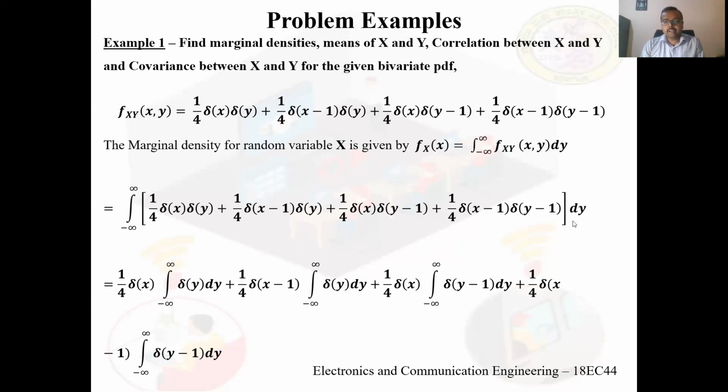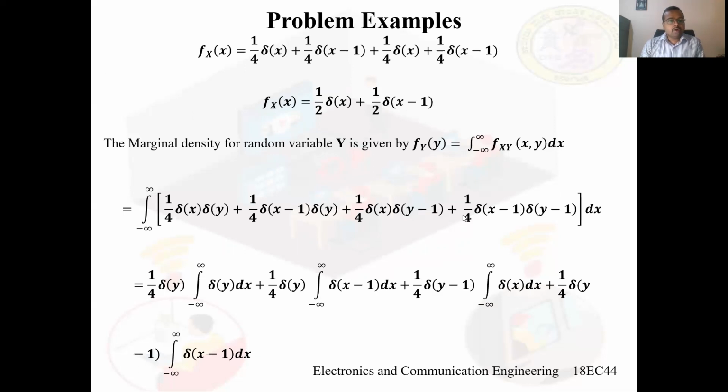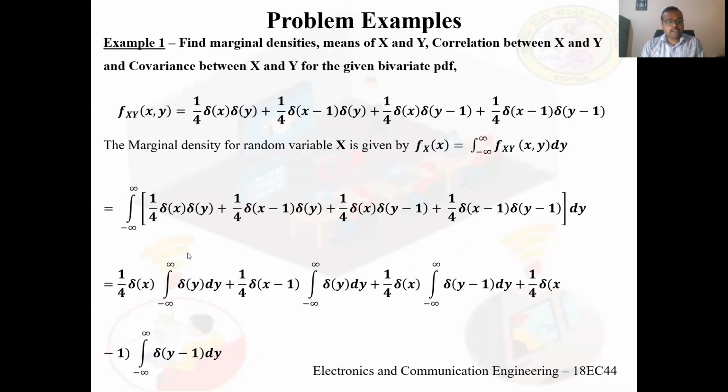Since it is a function of y, we get 1/4 δ(x) ∫δ(y) dy, plus 1/4 δ(x−1) ∫δ(y) dy, plus 1/4 δ(x) ∫δ(y−1) dy, plus 1/4 δ(x−1) ∫δ(y−1) dy.